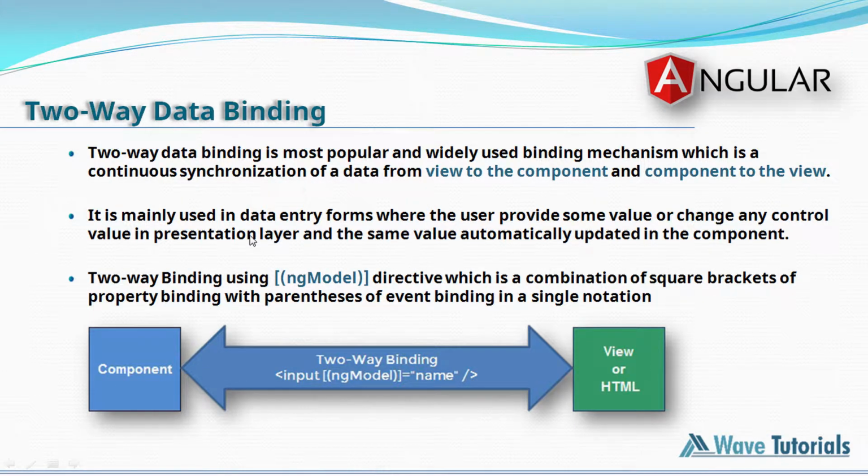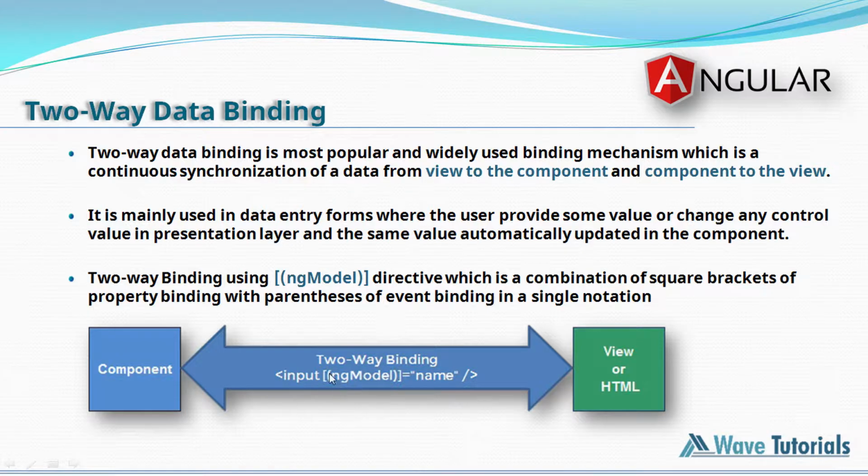It is mainly used in data entry forms where the user provides some values or changes any control value in the presentation layer, and the same value is automatically updated in the component. Two-way data binding uses the ngModel directive, which is a combination of the square brackets of property binding and the parentheses of event binding in a single notation.